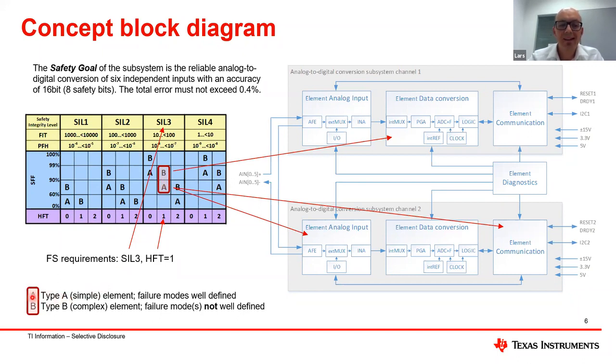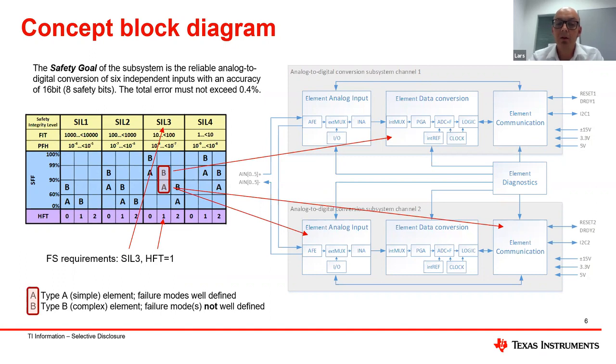A is a type A. We talk about the elements, the components at the end. Very simple components are, for example, resistors, capacitors, inductors, but also small pin count, low transistor count semiconductors, op-amps, references, comparators, you name it. These are also still type A elements.